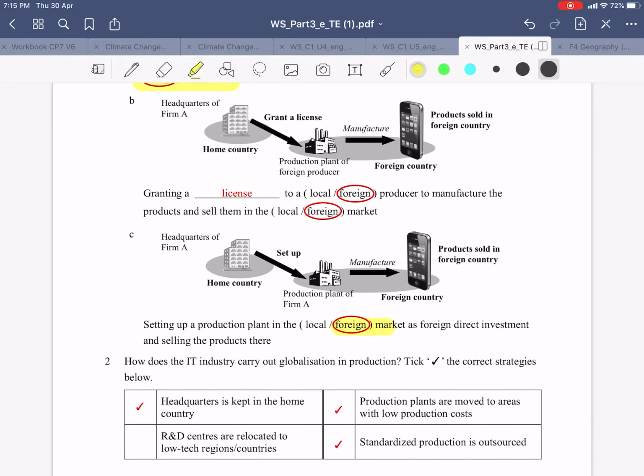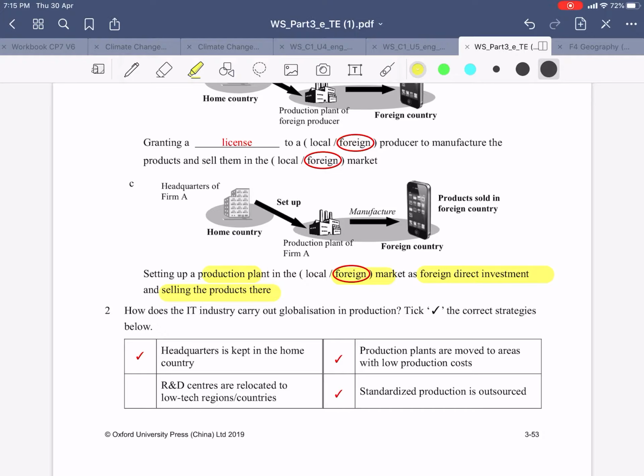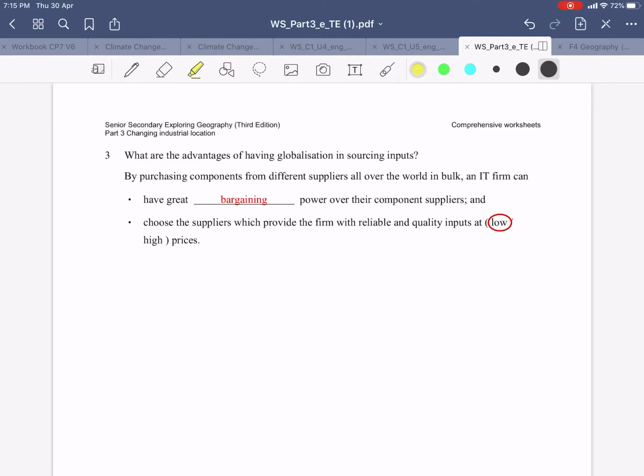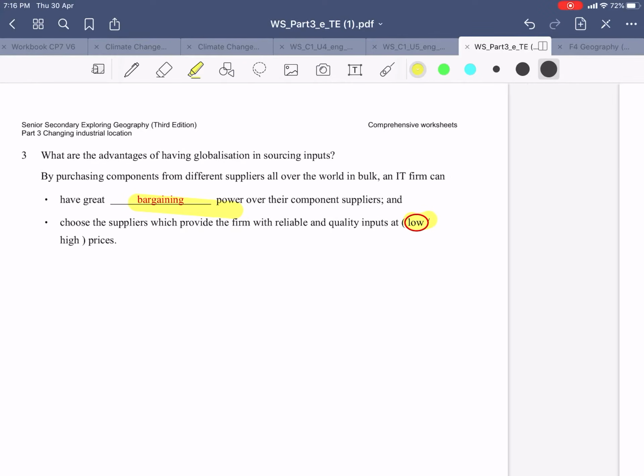They will set up the production plant in the foreign market as a foreign direct investment and sell the product there. So this is the main phenomenon of globalization. The headquarters will stay in the home country, but the production plant will move to the area with lower cost. Standardized production is outsourced. Then they have great bargaining power over their suppliers, because they can do it on a large scale, and in general the input will become lower priced.